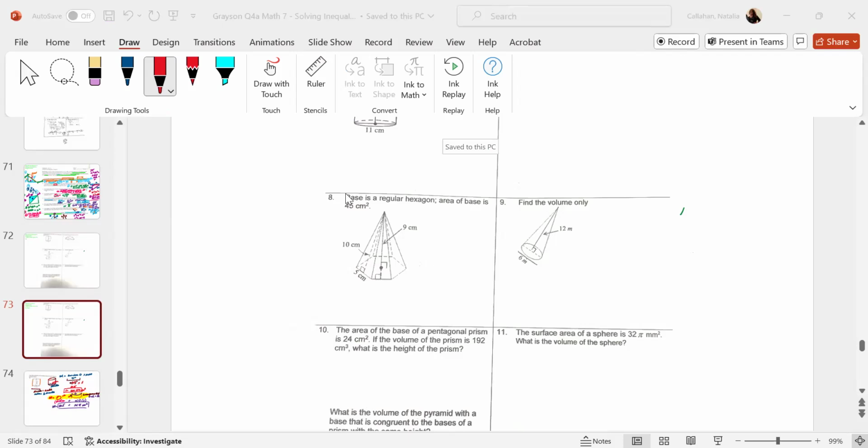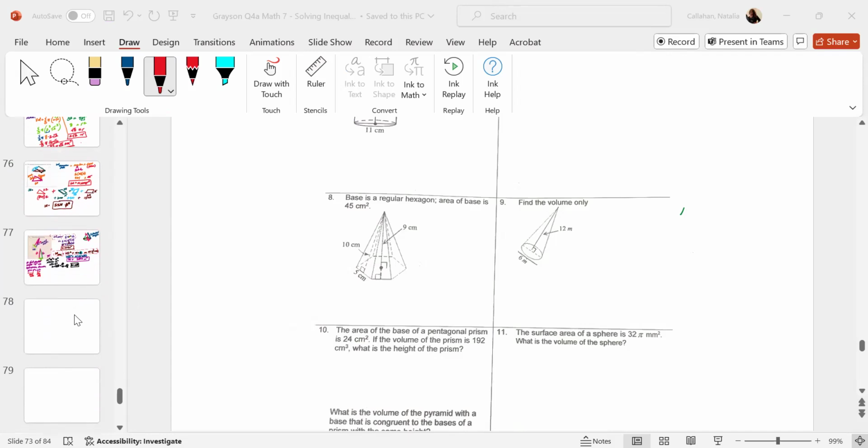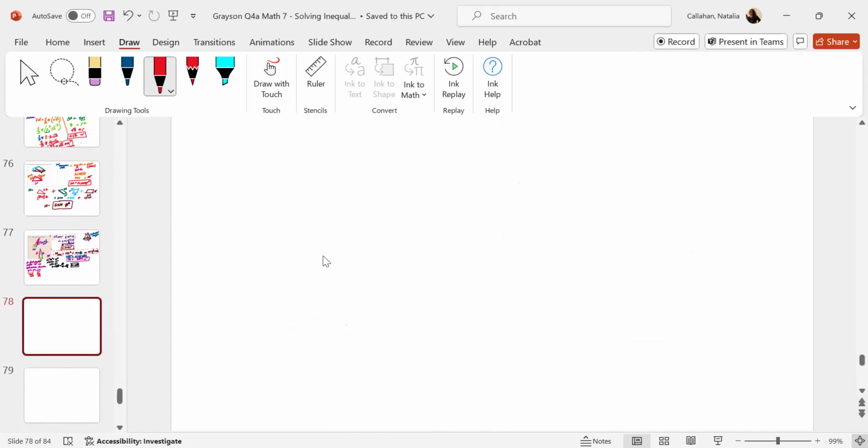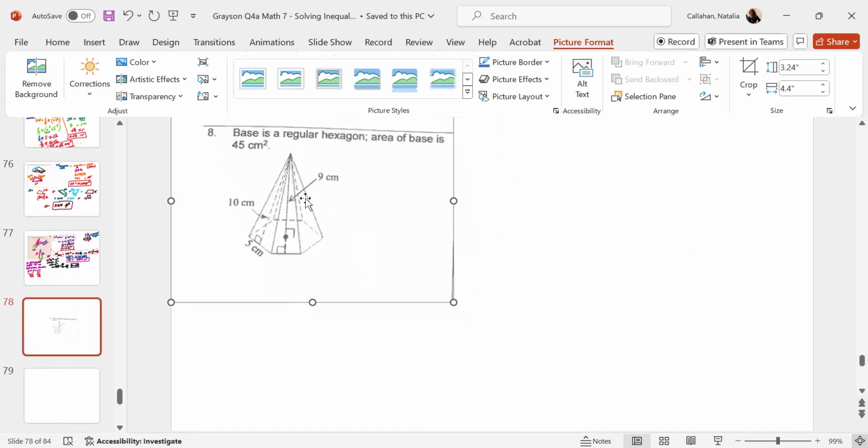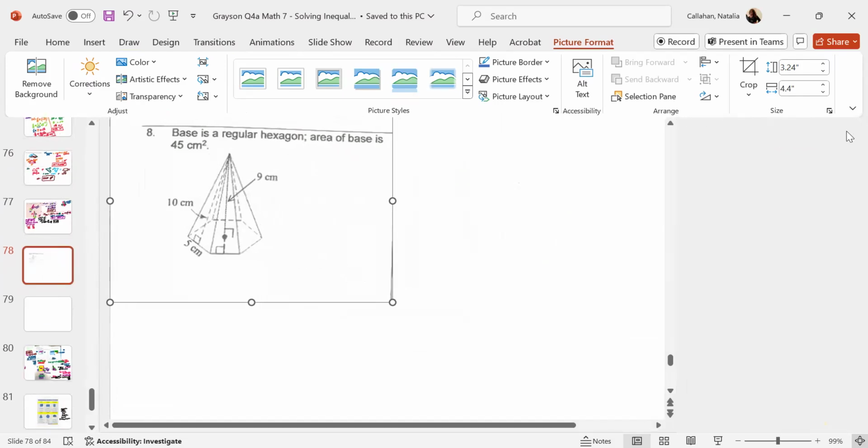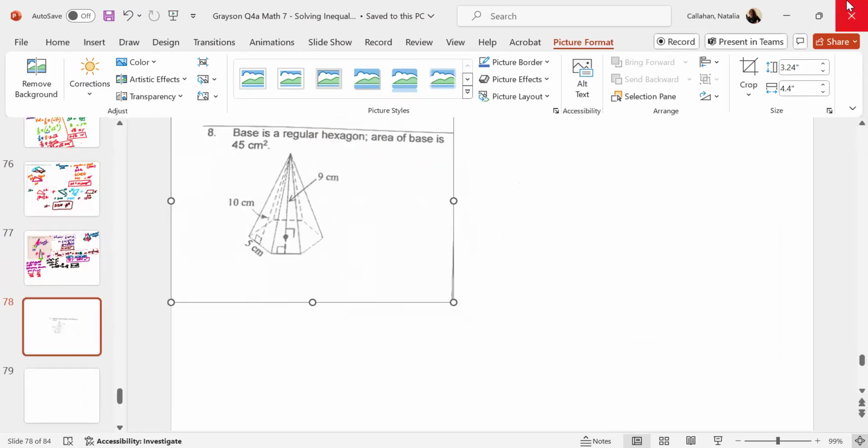What shape is this? This is a regular hexagon. All right, so grab a card and write hexagonal prism.